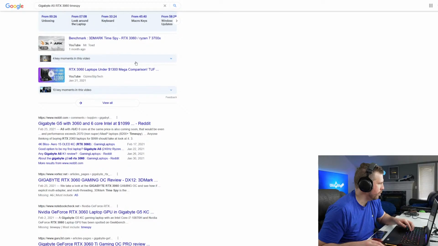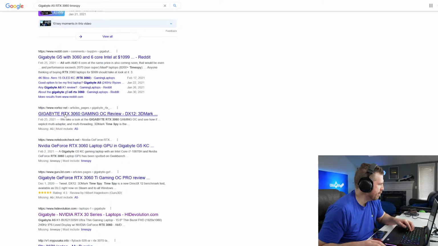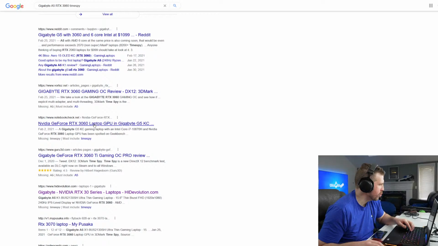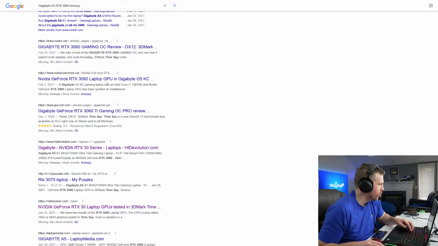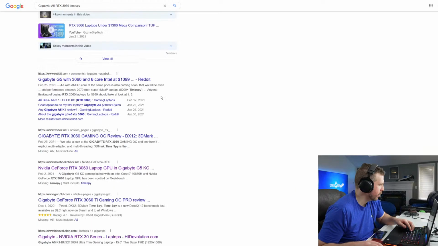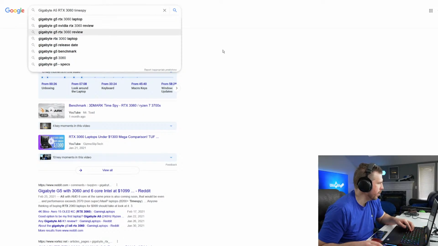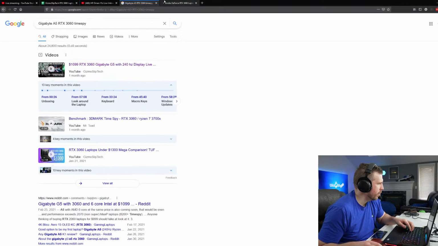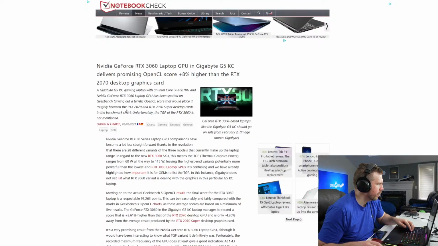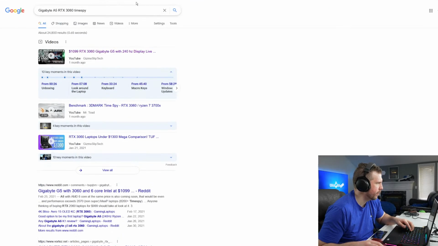So we don't want the G5. We want... I don't know if we're going to be able to find this. We're not seeing anything here for the Gigabyte A5. Nothing.